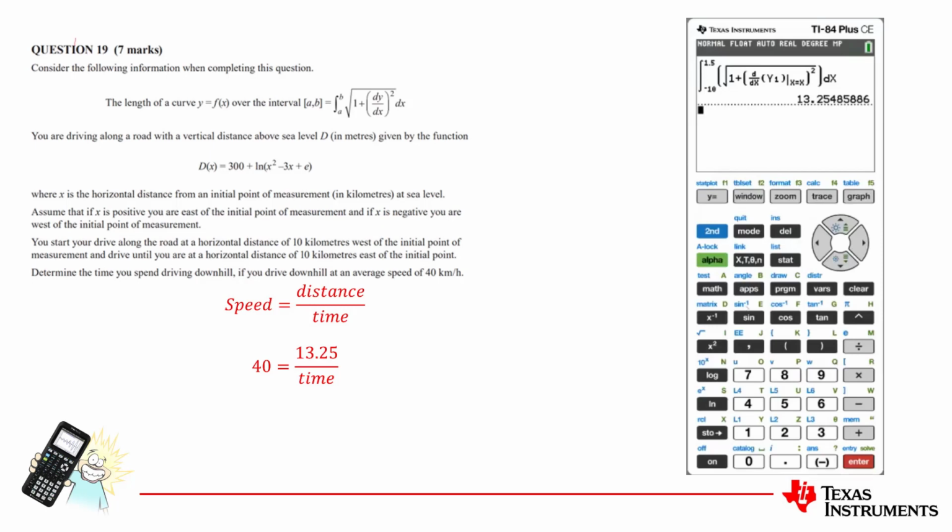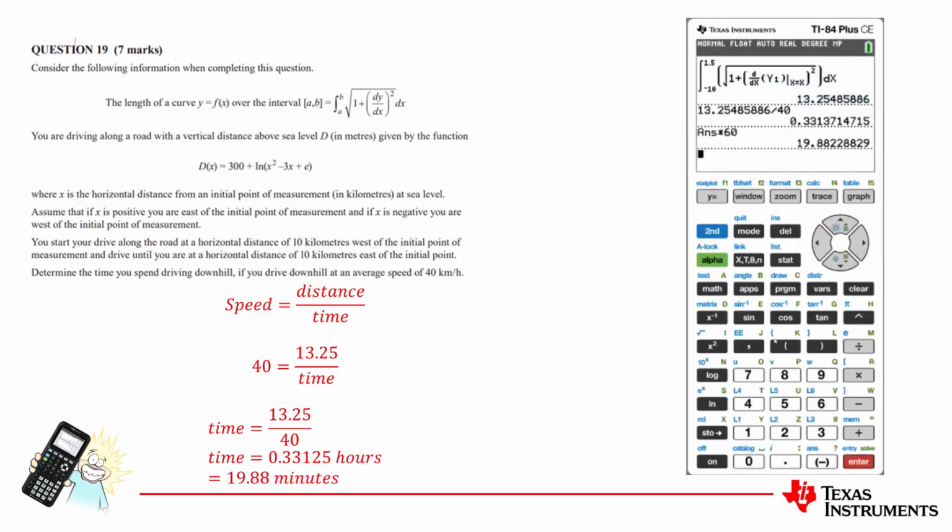So therefore I know I can rearrange that equation. So if I copy that down, divide that by 40, I can see that my total time I'm going downhill is 0.33 hours. And if I wanted to, I could times that by 60 and convert that into minutes. So 19.88 or approximately 20 minutes is the amount of time I spend driving downhill.